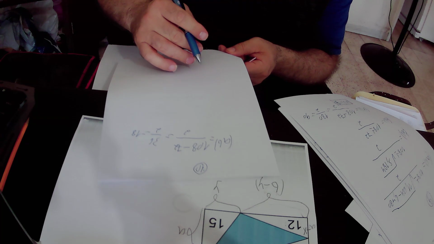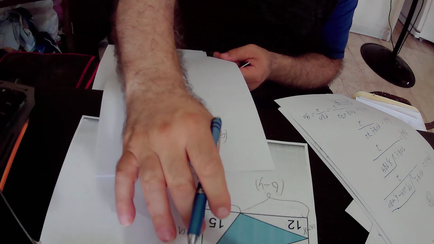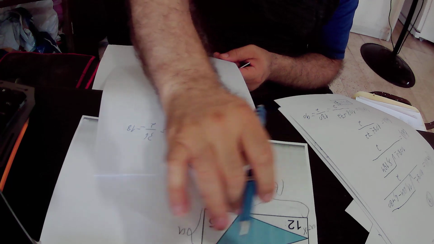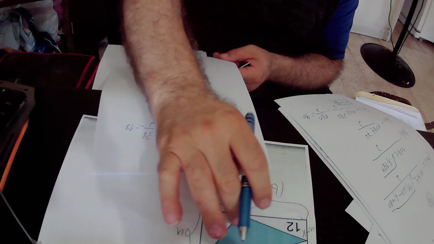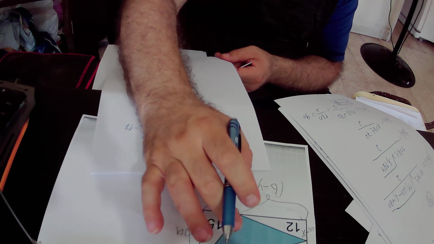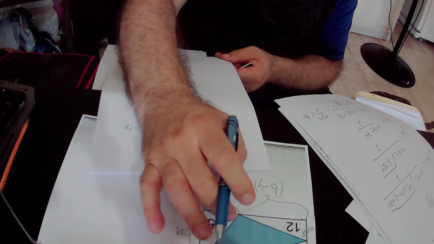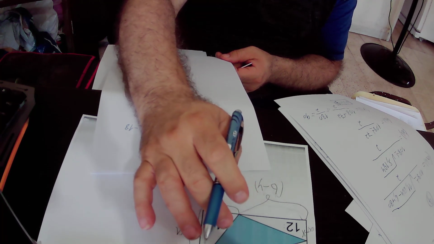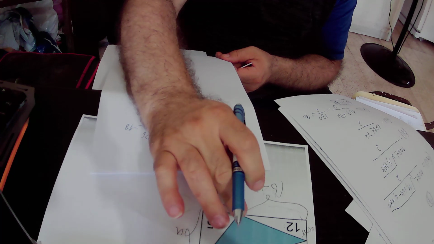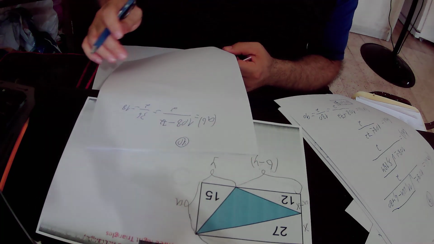So we can say that the area of this rectangle minus the sum of the areas of those 3 right triangles equals the area of the blue triangle.